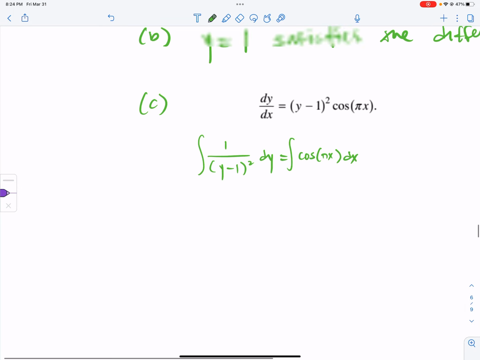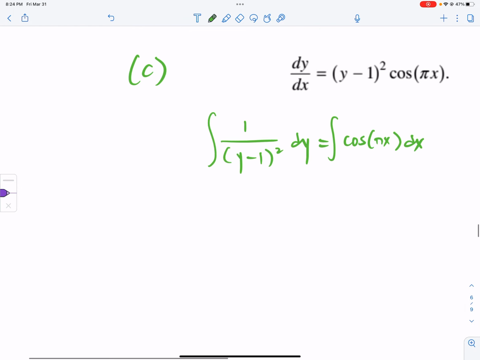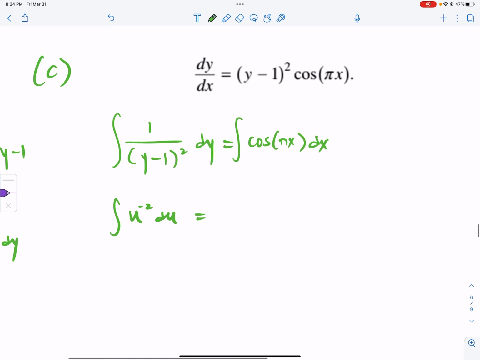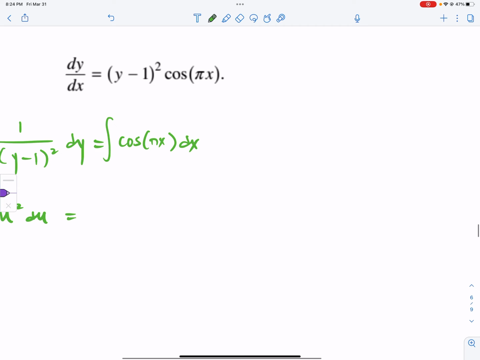Now, to integrate each side here, we need to use u-substitution on each side. So we would let u equal y minus 1 on the left-hand side, and du over dy would be equal to 1, so du equals dy. That means we'll have the integral of 1 over u squared, which is the same as u to the -2 du. And on the right-hand side, I'm going to use a different variable.